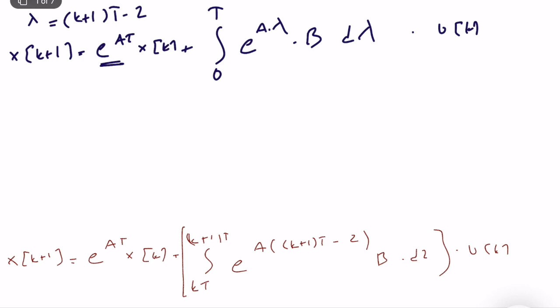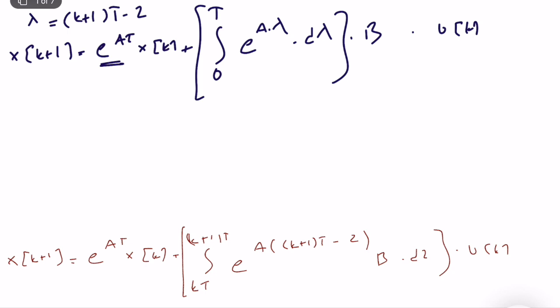So this is an integral, right? I know e to the power a is a matrix function, and I also know that I can just pop b outside, d lambda. I can also just keep it inside, it doesn't have a problem. If I compute it, what I have is x of k plus 1 is equal to a matrix times the states plus a matrix times b times u, which is also a matrix.